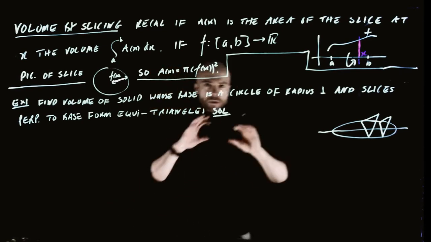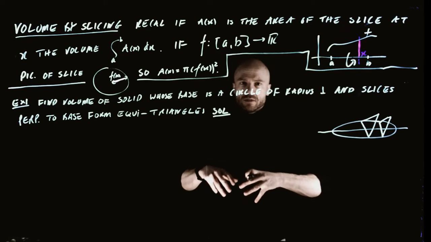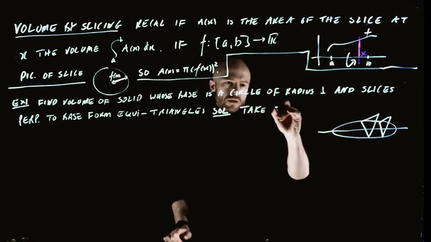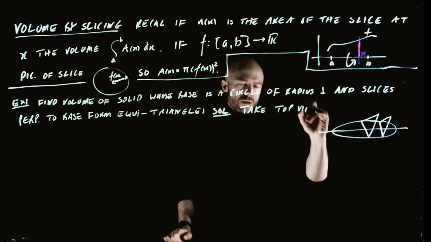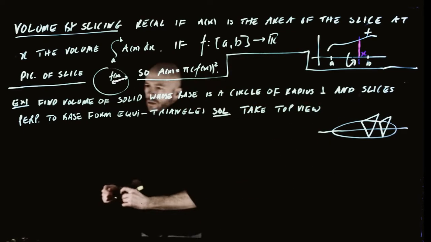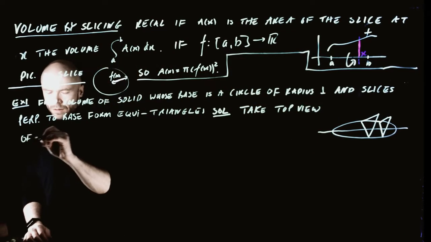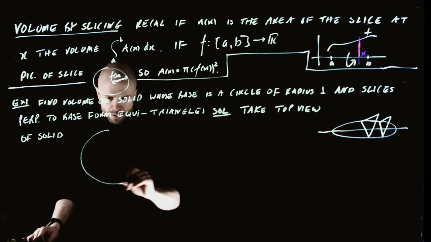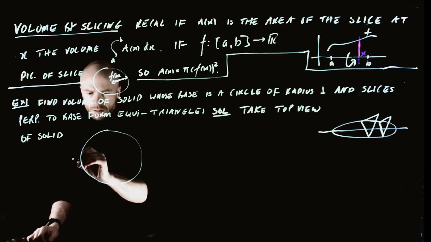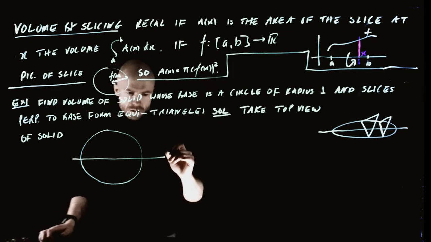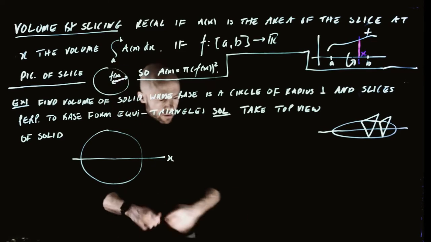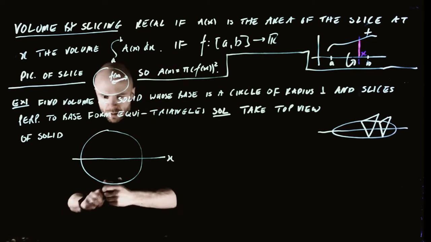Yeah, I'm going to take the top view of our solid. In the top view, it just looks like a circle, right? And then this is the x-axis. Yeah, and we're doing slices like this. So let's change color for the slice. So here is 0.